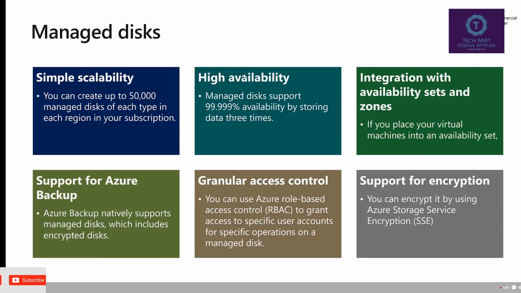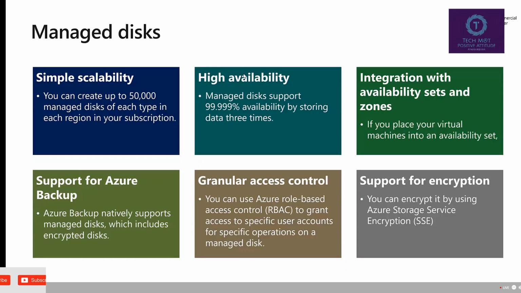Then let's talk about managed and unmanaged disks. Today, the best practice is just to go for managed disks. And I have to say that I don't even consider unmanaged disks anymore in my scenarios, unless I have to support, of course, a deployment that is still under unmanaged disks.